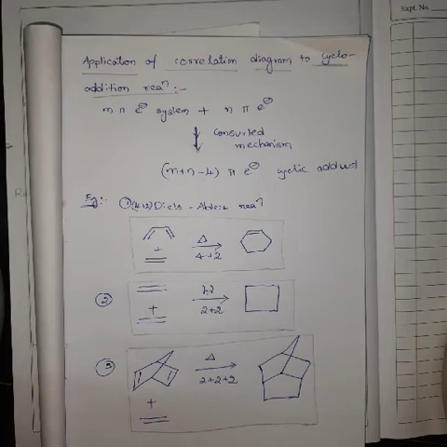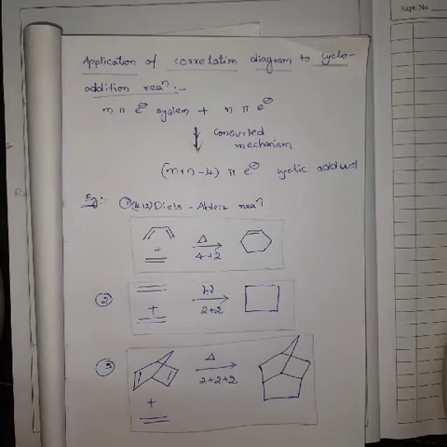First of all, what is a cycloaddition reaction? If a system with m pi electrons adds to an n pi electron system in a concerted mechanism to form a cyclic product with m plus n minus 4 pi electrons, then it is called a cycloaddition reaction.